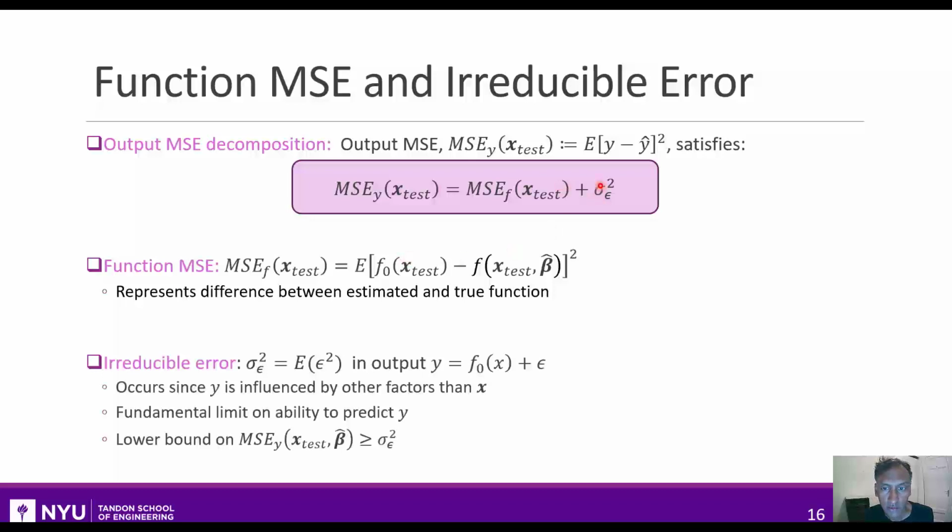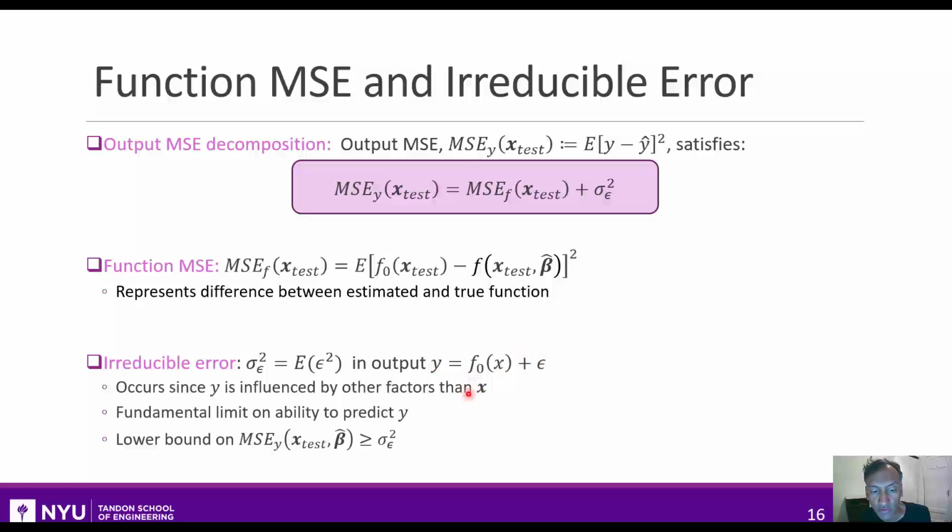The second term is what's called the irreducible error. Now recall in our model that y is the true function plus some noise, and sigma squared epsilon is just the variance of that noise. Now this noise occurs because there's some variation in y that is just not related to x.